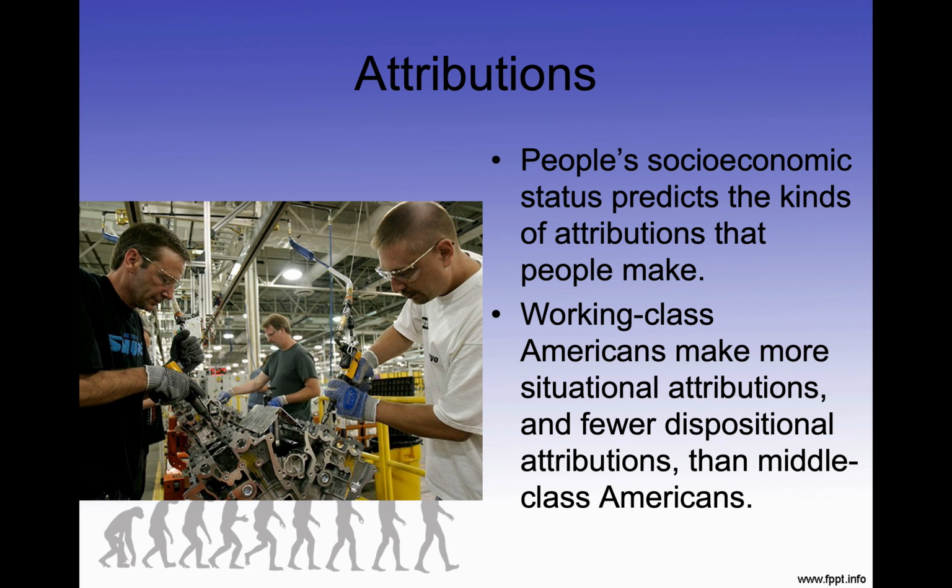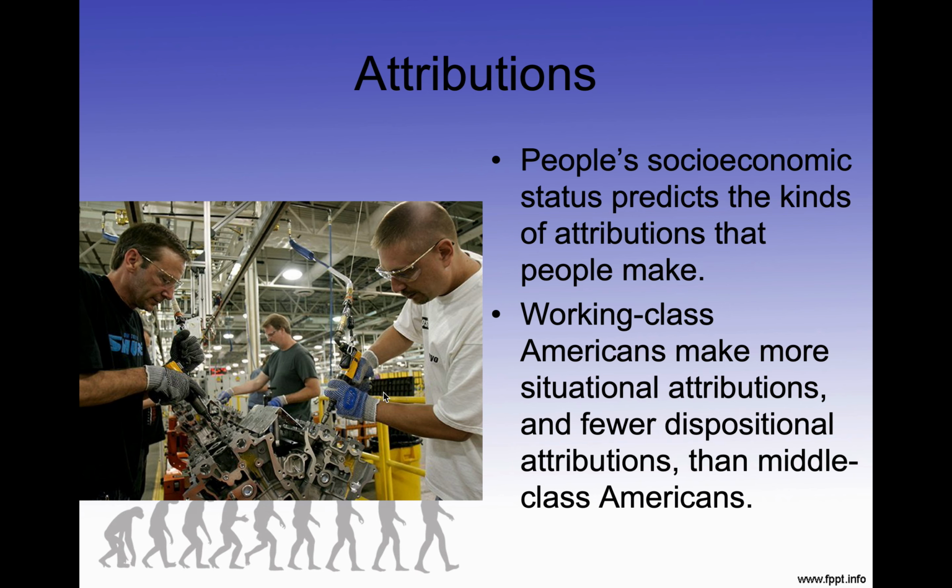And the working class person would say, it's not his fault. He killed her. Yeah, sure, he killed her, but it wasn't his fault. He was drunk. And of course, the middle class person would say, well, he's an alcoholic and therefore he needs to be put away for an extended length of time. Disposition, this is the way he acts. This is the way he is. And the working class person is more likely to make an excuse for what has happened.